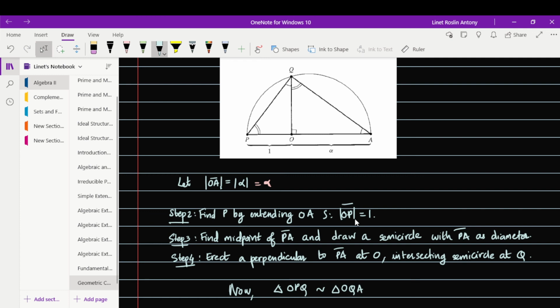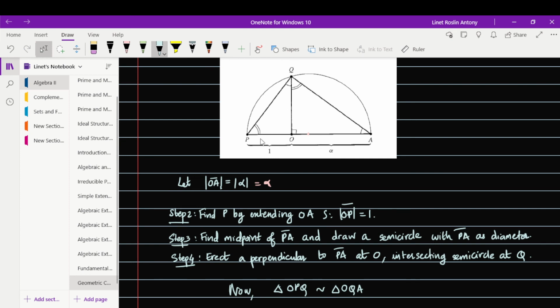Modulus of OP bar is equal to 1. Step 3, find the midpoint of PA and draw a semicircle such that this PA bar is the diameter of that semicircle. Step 4, we erect a perpendicular to PA bar at this point O, and let that perpendicular meet the semicircle at Q.